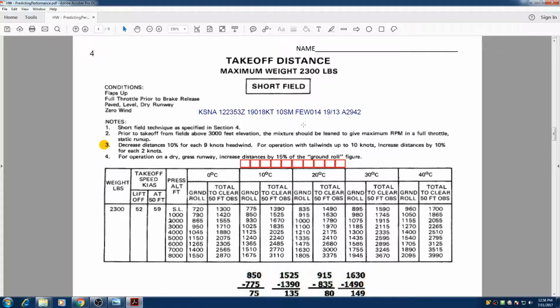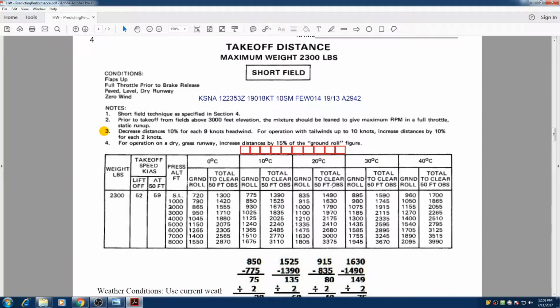Today's METAR is shown above right here. The temperature is 19 degrees Celsius, and as we mentioned, pressure altitude is 500 feet. As we can see here, we have 5 different columns for the temperature. We know that temperature affects our performance.